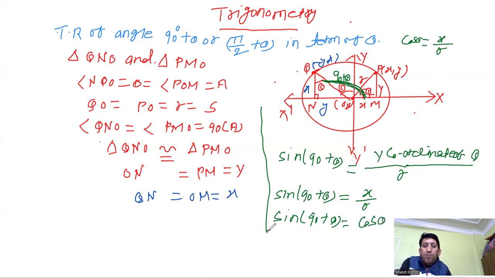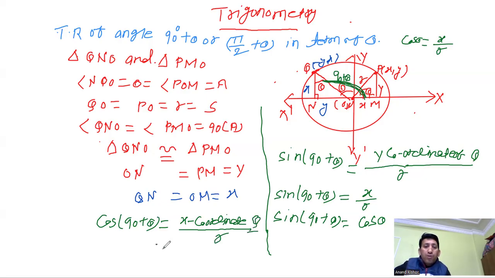If I put cos 90 plus theta, see here cos 90 plus theta. The definition of cos 90 plus theta is nothing but the ratio of the X coordinate of Q divided by R. So what is the X coordinate of Q?